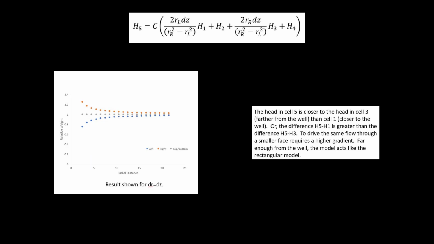So this is essentially a weighted average problem, and when we're close to the well, we are overweighting the inner cells relative to the outer cells because the cross-sectional area towards the well is so much smaller than the cross-sectional area away from the well. So we are much more sensitive to the head in that inner cell.